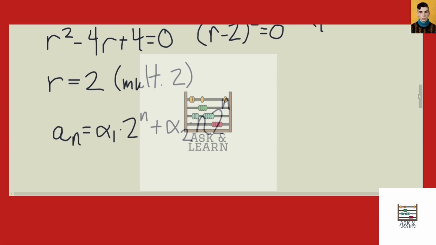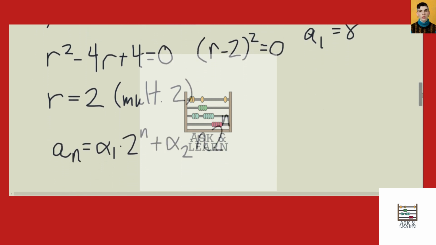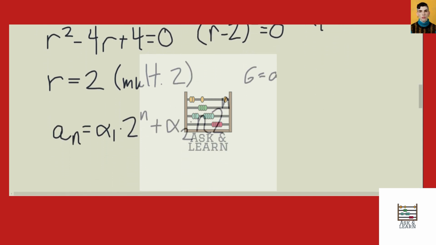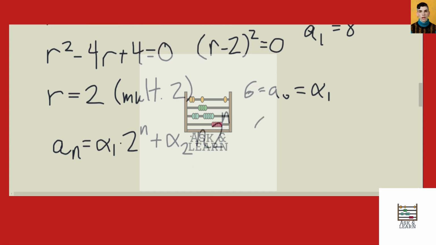And from our initial conditions, we have that 6, which is a_0, is equal to alpha_1, and 8, which is a_1, is equal to 2 alpha_1 plus 2 alpha_2.